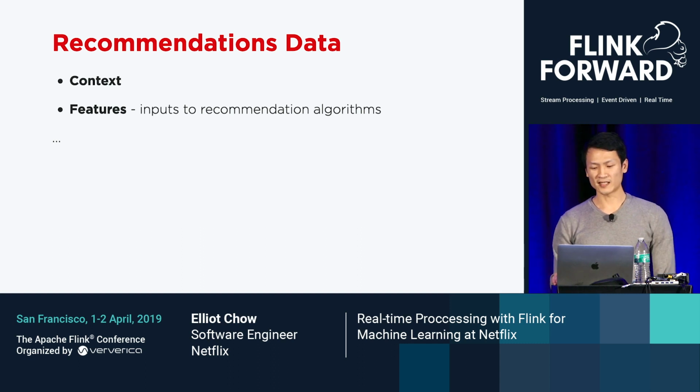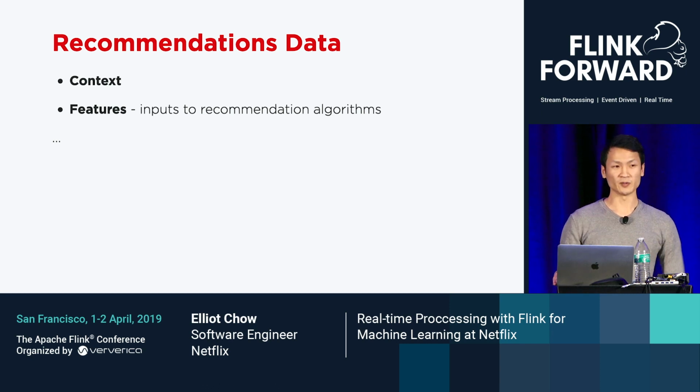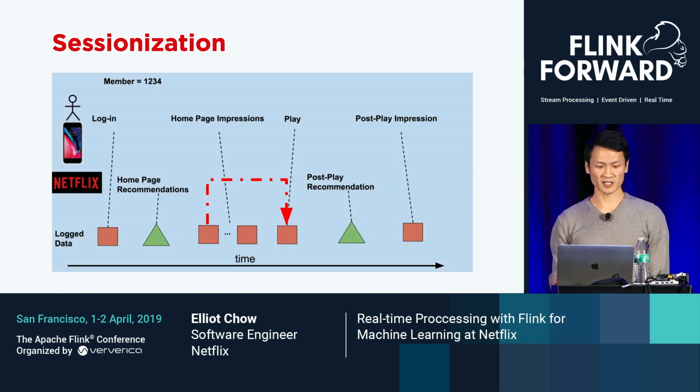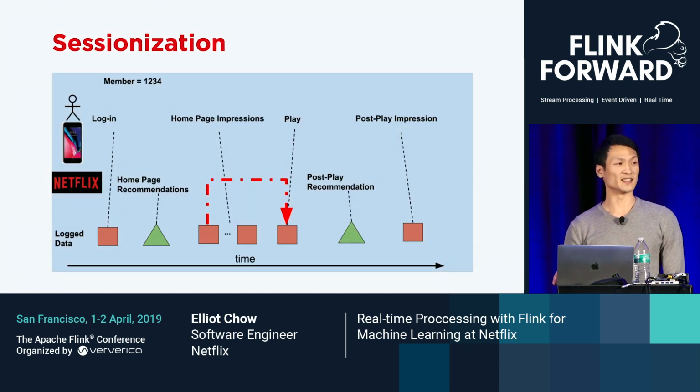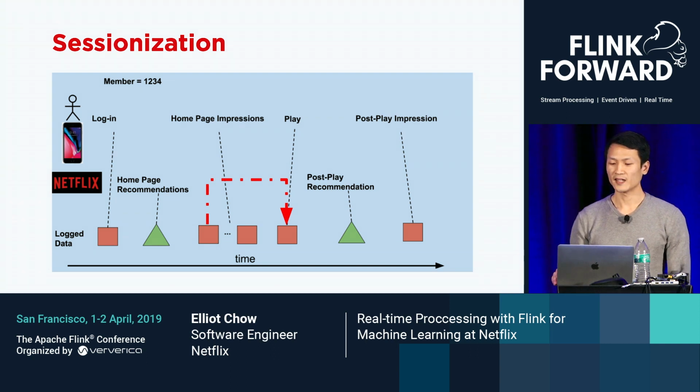For analysis and generating training data, there are a few things that we need to enable our algorithmic engineers to do. First, we have sessionization. Basically, this is taking some subsequence of these events of member activity and impressions and generating outcomes such as metrics or labels for training for the data sets.